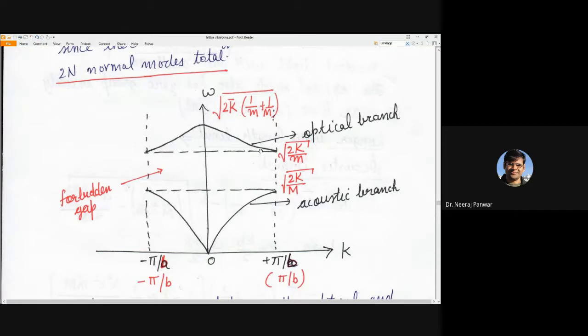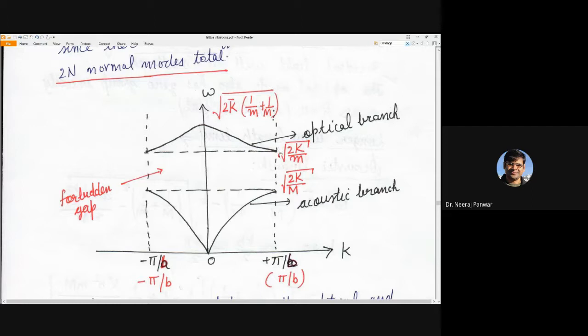The acoustic branch and optical branch are separated from each other by a forbidden or not allowed band gap. You see the lowest frequency in the optical branch occurs at the zone boundary, and it is square root of 2k by m. So it depends upon the motion or vibration of the ion with smaller mass.